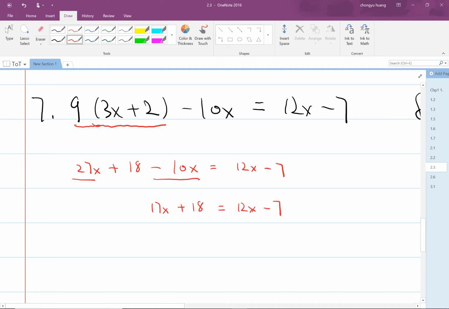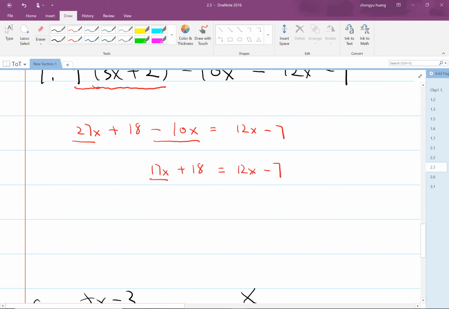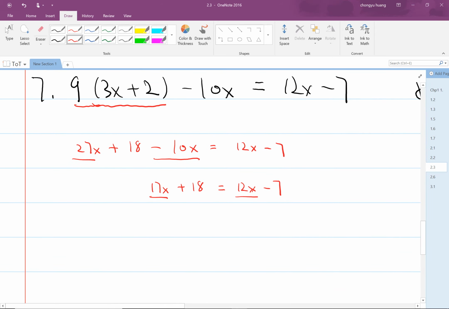So we have 17x and 12x. We move 12x to the other side, so it becomes negative 12x. And then we move plus 18 to the other side, so it becomes negative 18 minus 7, right?